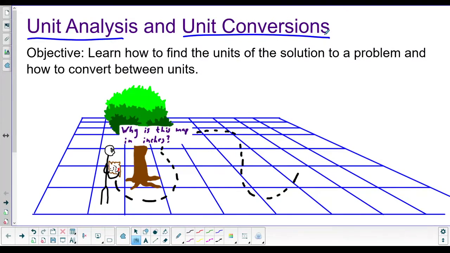So I'm going to go ahead and just teach it to you anyway, especially because if you are going to college for something like engineering or chemistry or medical school or really anything sciencey at all, this is going to be a topic that's going to come up a lot, and you're going to kind of need to know the basics of it. So it doesn't hurt to see it again, even if you think you're a master at it from your other classes. Never hurts to practice. So we're going to talk about how to analyze units and how to convert units.